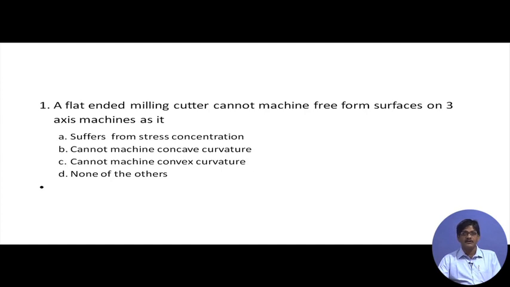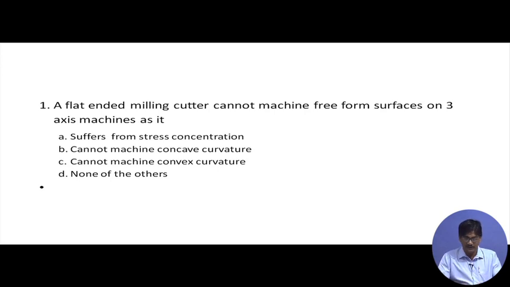B is cannot machine concave curvature. That means, if you have concave curvature on the body, the flat ended milling cutter cannot handle that. C cannot machine convex curvature, none of the others. Here the correct answer is cannot machine concave curvature. Due to the very shape of it, the flat ended milling cutter cannot go beyond a particular distance.